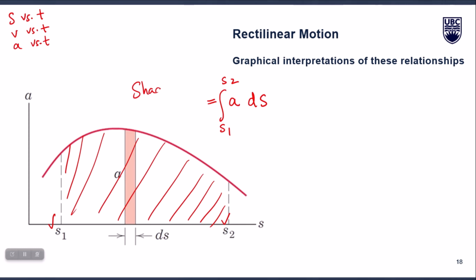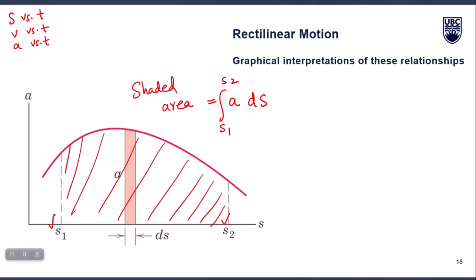So the shaded area is actually the area enclosed by that function between those two values of the independent variable, which is now distance, s1 and s2.